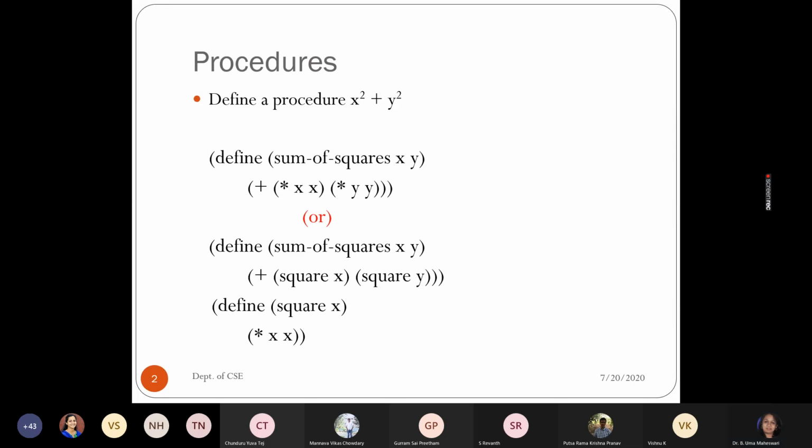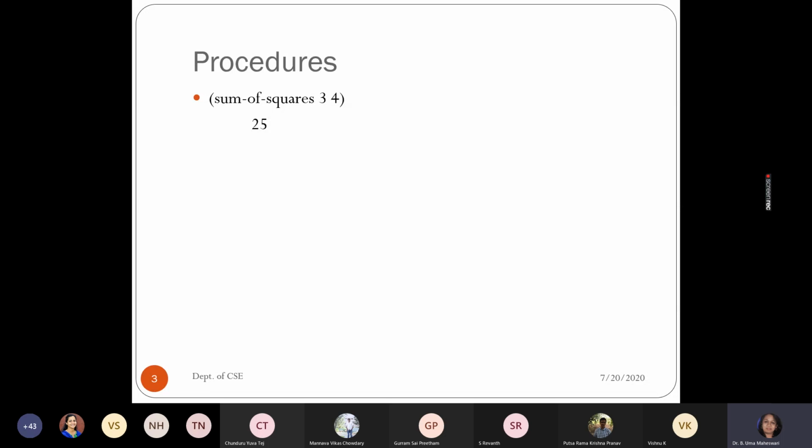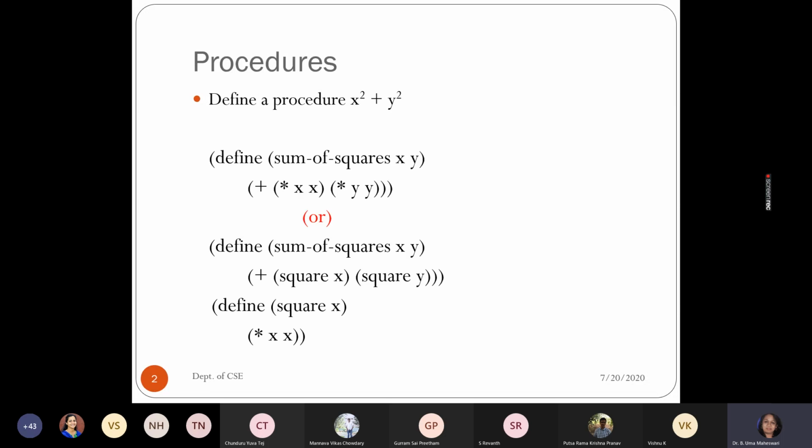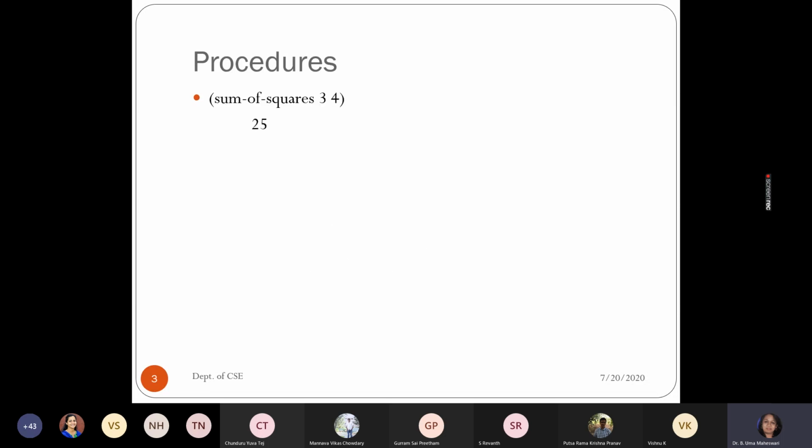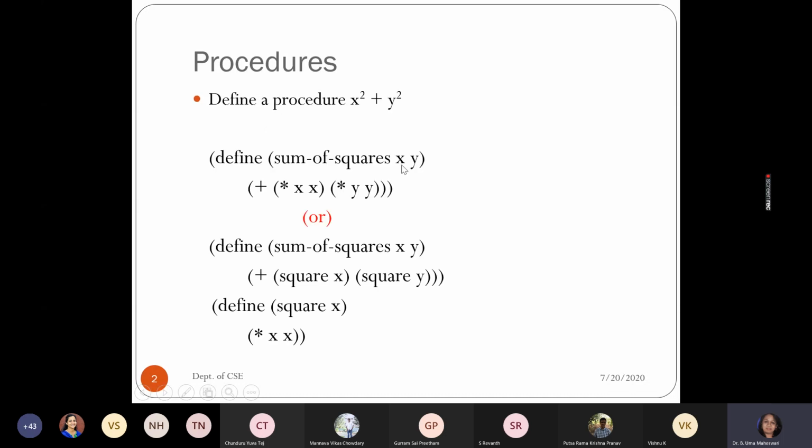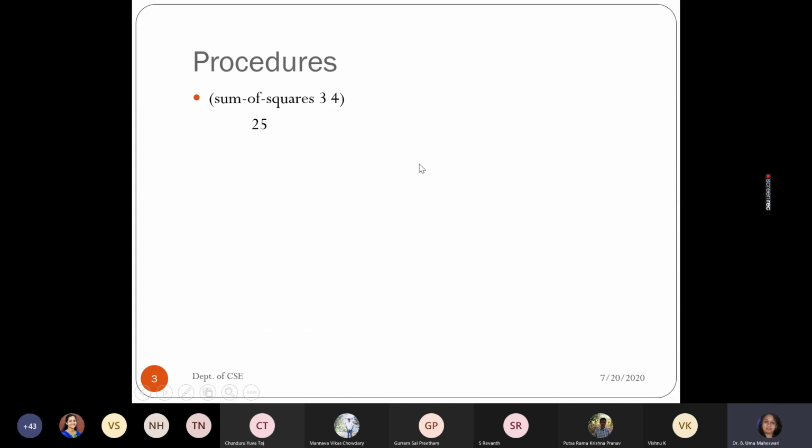Now how to call the procedure? Once sum of squares is defined, you can call it like this, sum of squares, and pass the arguments x and y, the two values. Now you will get the answer. That is fine. Now I would like to define another procedure which will be calling the previous procedure.